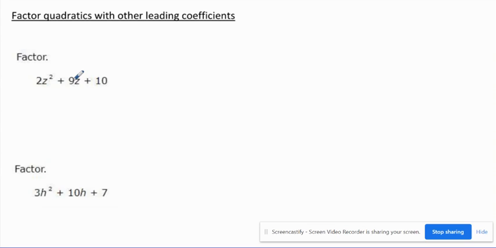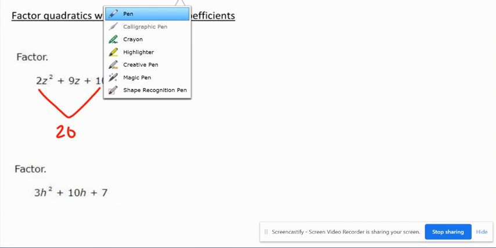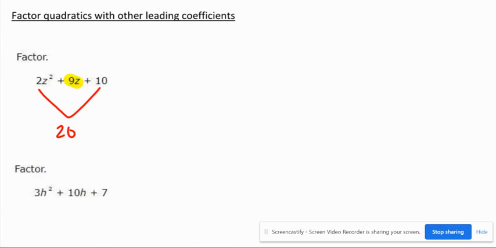Do I split it up into 1 and 8, 2 and 7, 3 and 6, etc., right? What we really want here is we want to break up 9z into 2 terms that when multiplied give us 20, but when added give us 9. Okay, when multiplied give us 20, but when added give us 9.